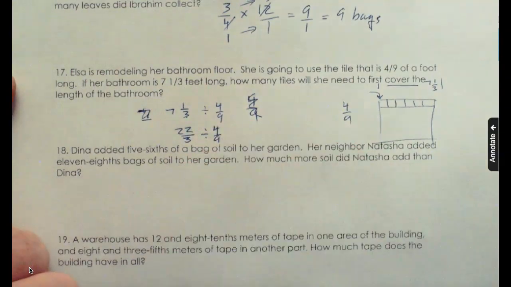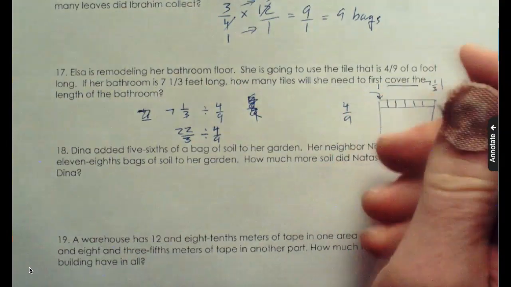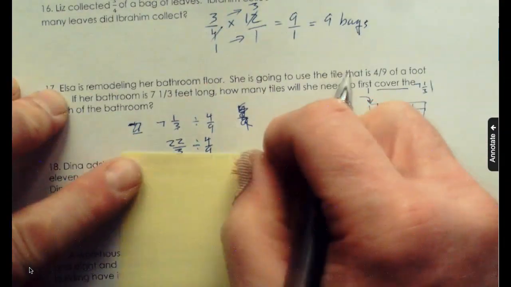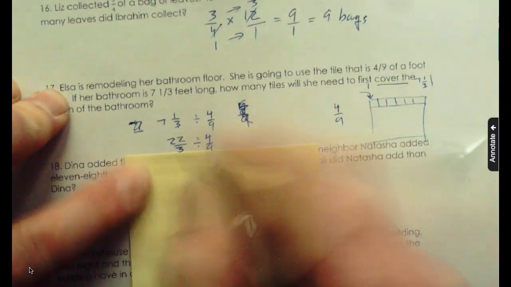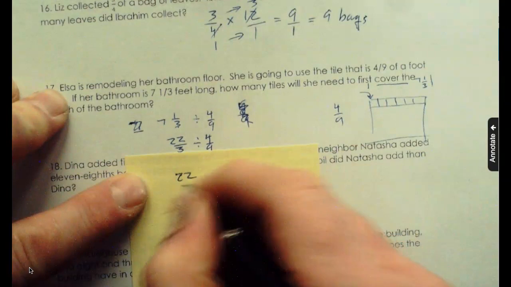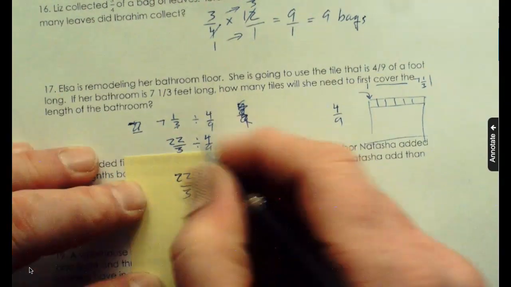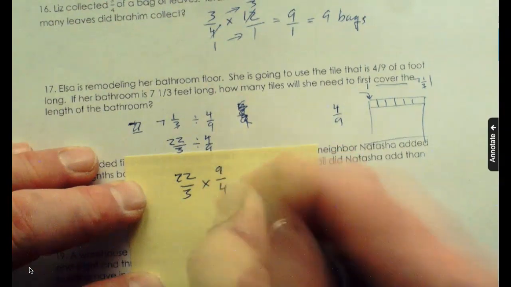Okay, well, we have to do the keep, change, flip yet, so I'm going to get this out of the way here. Maybe I'll just pop in a sticky note, and I'll just work down so you can see that. Probably be a better idea. So we can do the keep, change, flip. So we'll keep this one, 22/3. We are going to flip the sign, keep it, we'll change it, and then we'll flip this to 9/4.